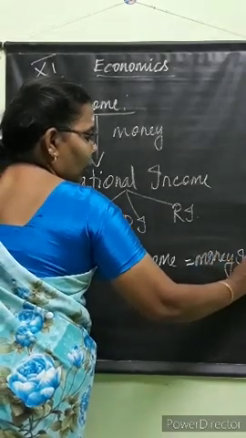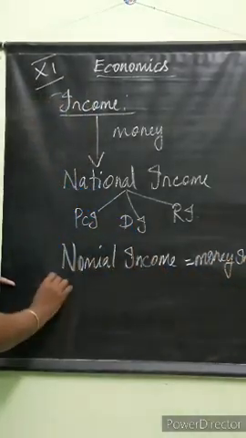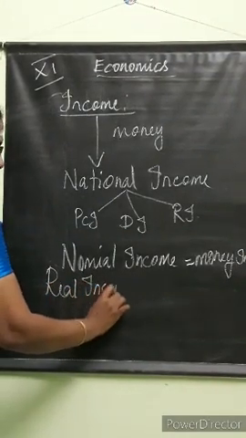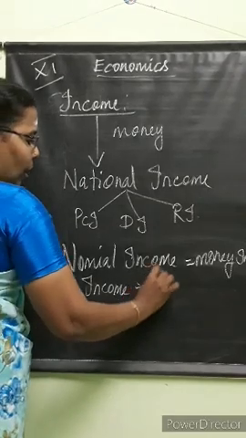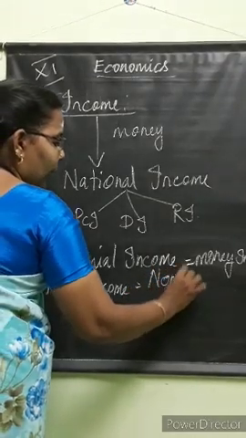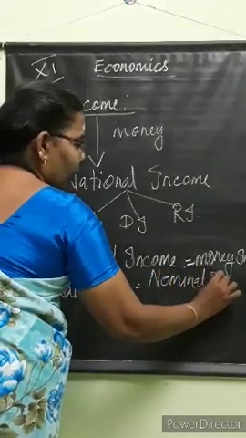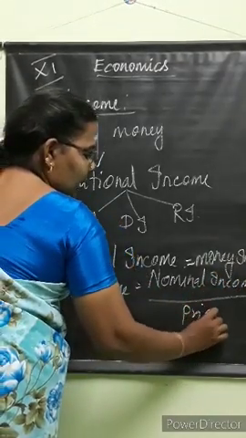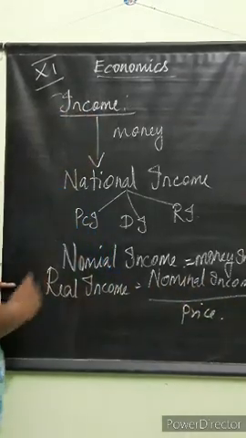And another thing they have given is real income. Real income is nothing but the nominal income divided by the price.